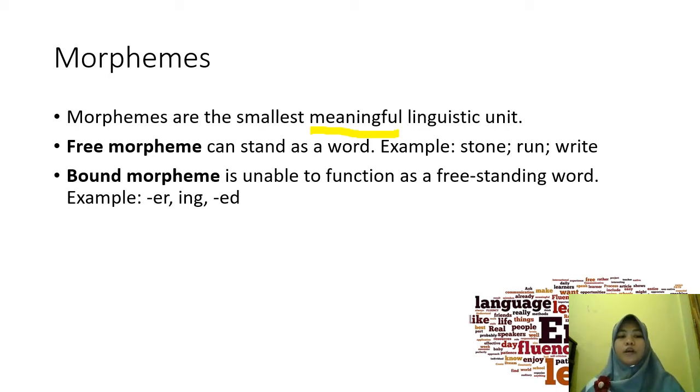For example, some suffixes there: we have -ing and -ed. So a bound morpheme cannot function as a word itself. This is the difference between free morpheme and bound morpheme.